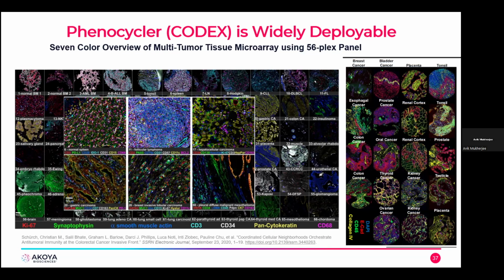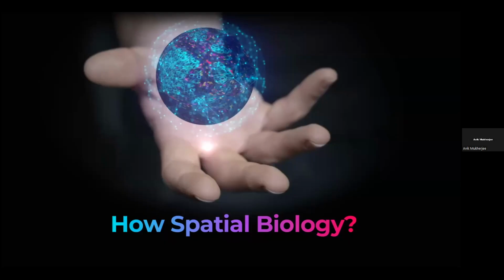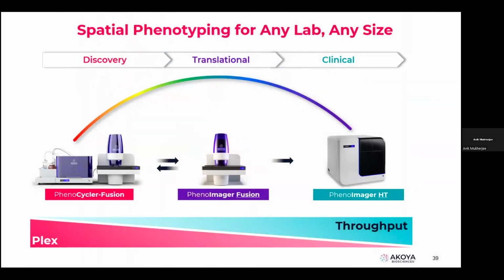Now the question comes, how do you do that? Well, these are the technologies. At Akoya, we have this continuum from discovery to translational, where if you need high-plex, you use PhenoCycler-Fusion, where PhenoCycler is this box and PhenoImager-Fusion is this imager. Or if you want to go high throughput, you can use PhenoImager HD, where you can go up to whole slide scanning of 7-plex.